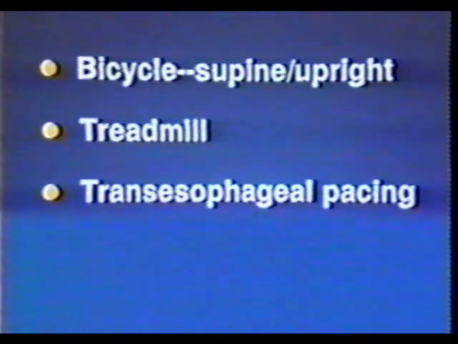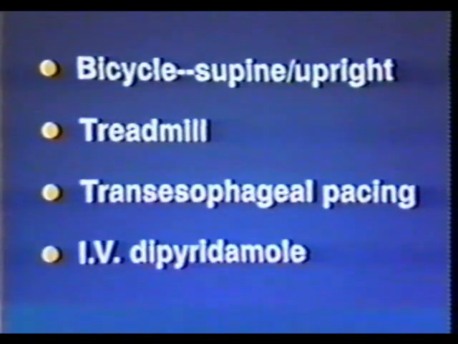Transesophageal paced echo and intravenous dipyridamole echo are options that are being explored for situations when the patient can't exercise sufficiently, such as the patient with severe claudication. We will now describe the technique of exercise echo and then display two cases.